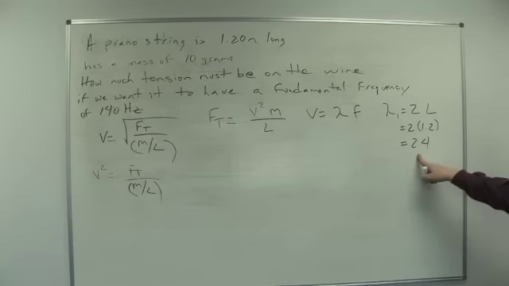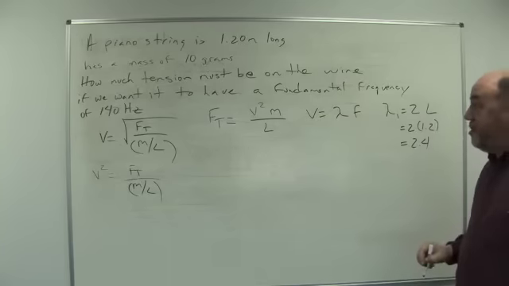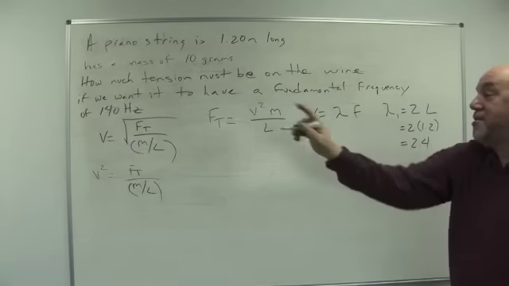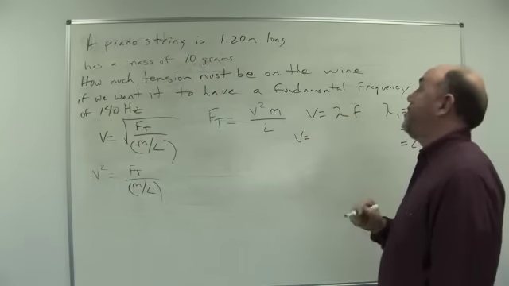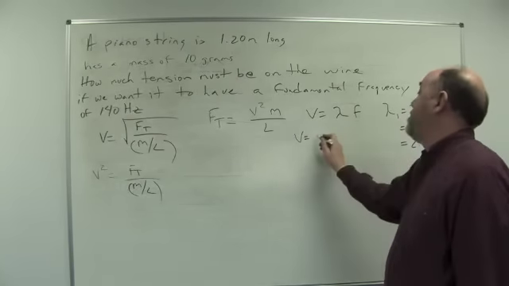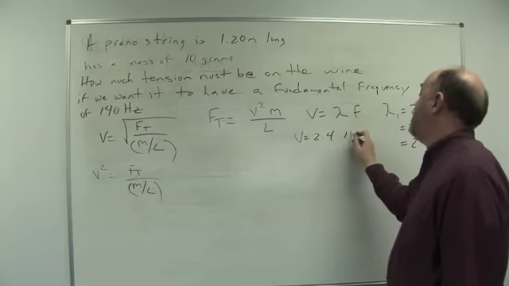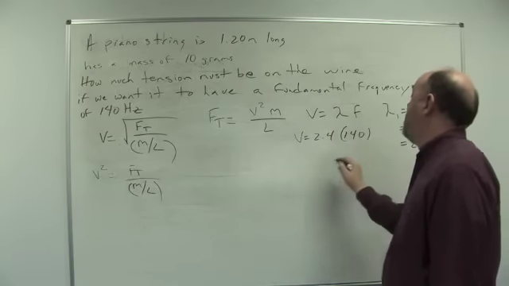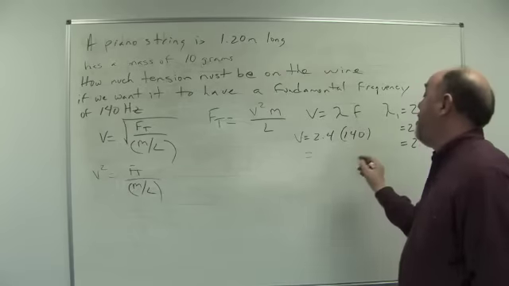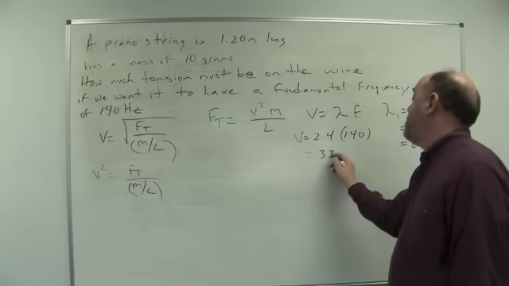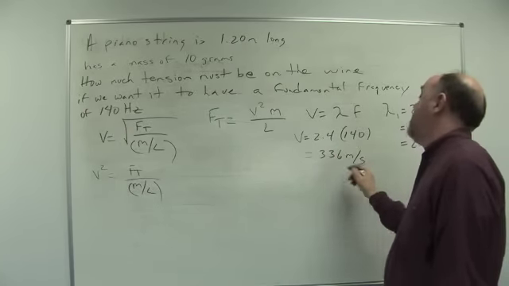So we now have lambda. The frequency was given in the problem, and so the velocity of my wave will be 2.4 times 140, giving a velocity of 336 meters per second.